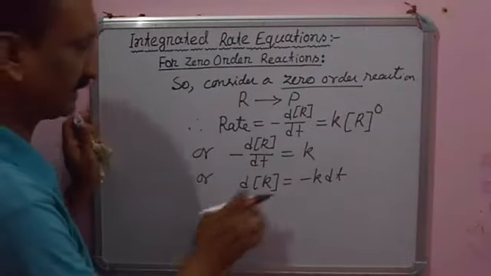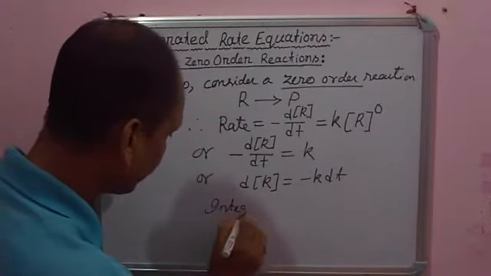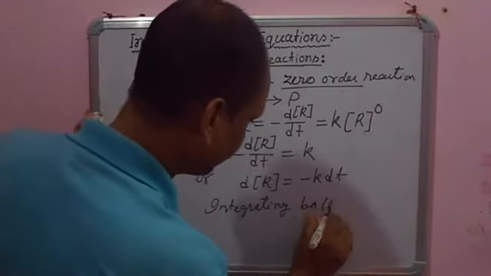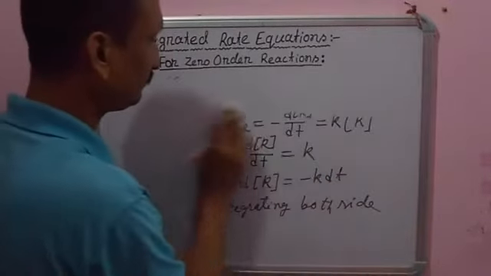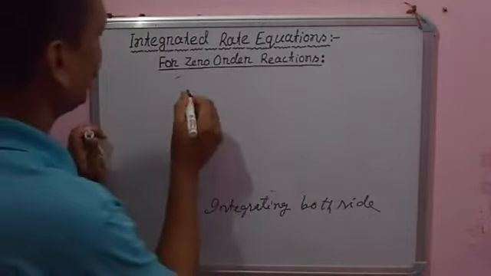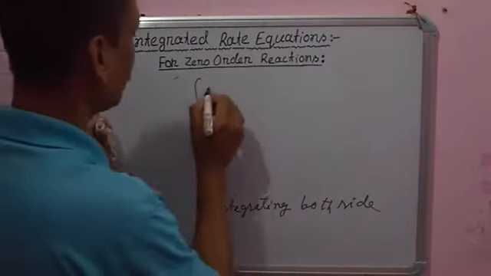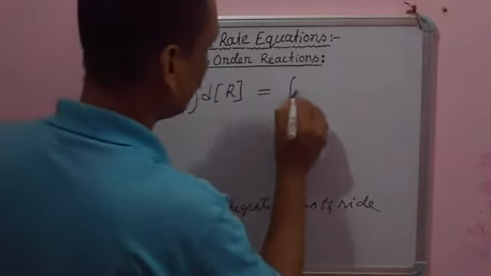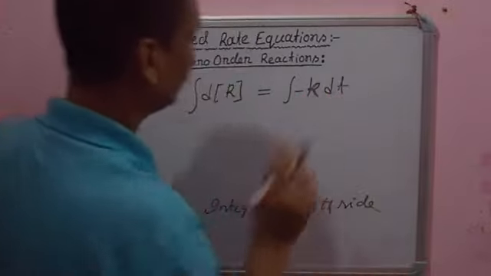Now if we integrate both sides, the integration of d[R] equals the integration of minus k dt.